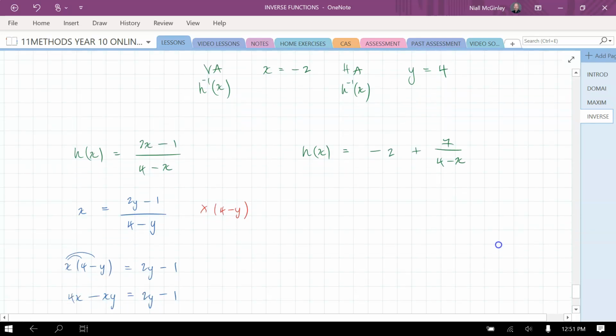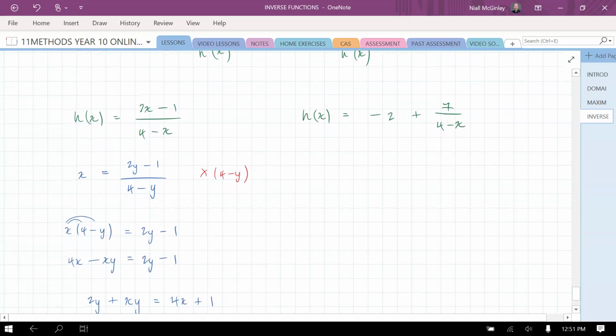Alright, now I'll show you this way as well, so whichever way you prefer. We can do this now, so we can go x equals -2 plus 7 over 4 minus y. I prefer the second way, I think it's less work. So what I can do here is, we've got 7 over 4 minus y, and I am going to add 2 to both sides, so that's x plus 2.